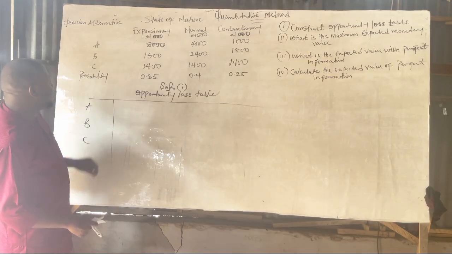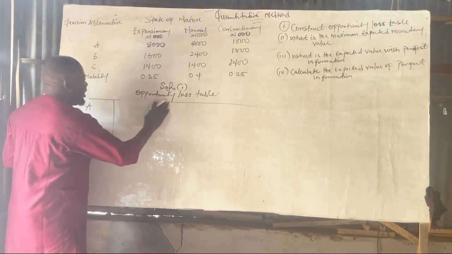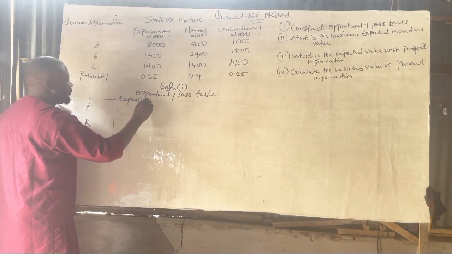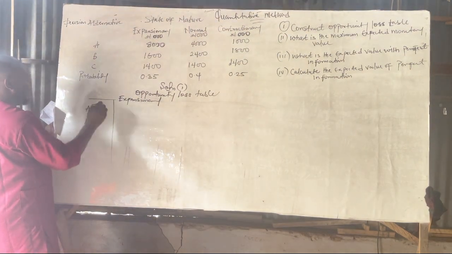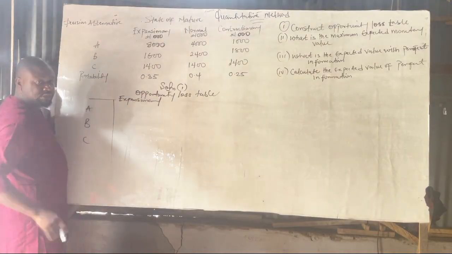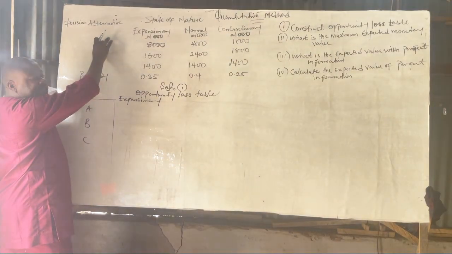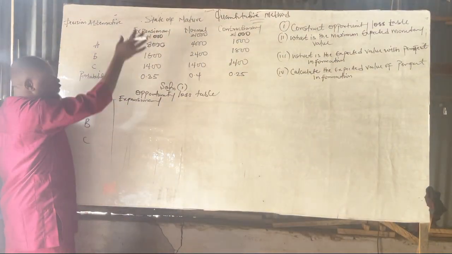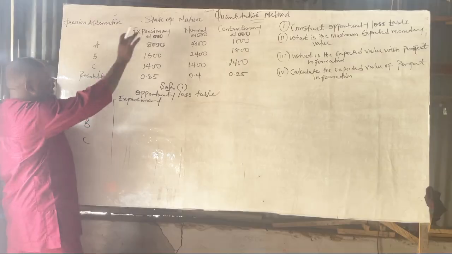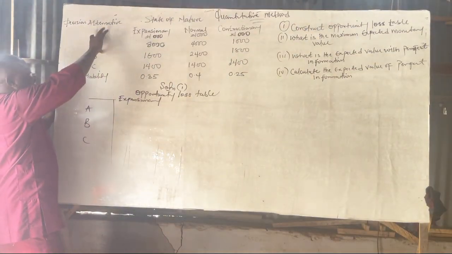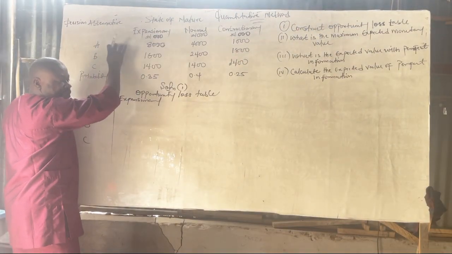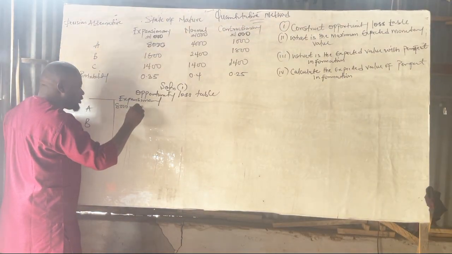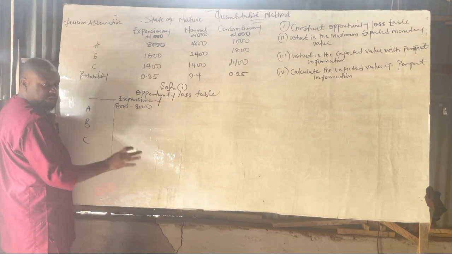Now for the first one, which is expansionary, the best payoff here is for security A. So we use the best payoff and subtract each of the payoffs from it. If this is the best payoff and this businessman decides to embark on this decision, is he going to lose anything? So it becomes 8,000 minus 8,000, meaning he's losing nothing.